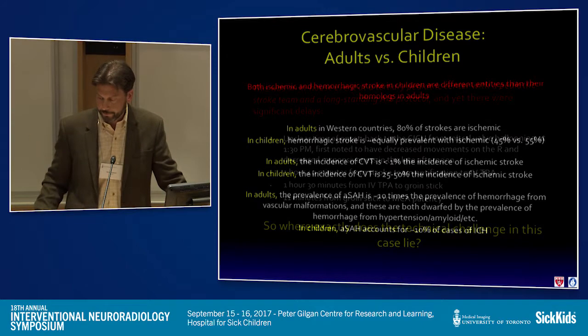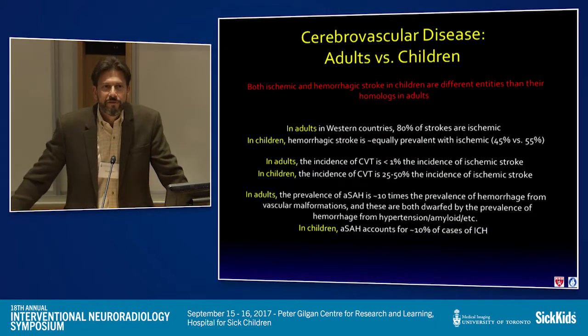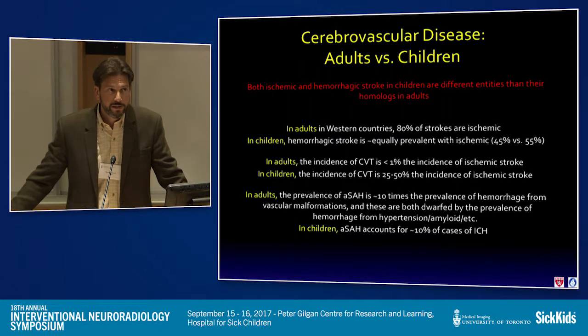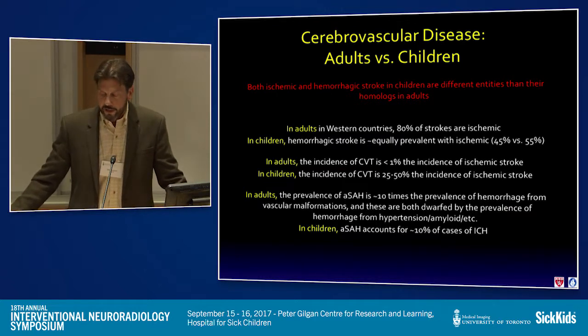And of course, the reason for that is that cerebrovascular disease in children is very different from what it is in adults, and that's true both for ischemic disease and hemorrhagic disease. So in adults in Western countries, 80% of everything we call stroke is ischemic. In children, it's much closer to 50-50.